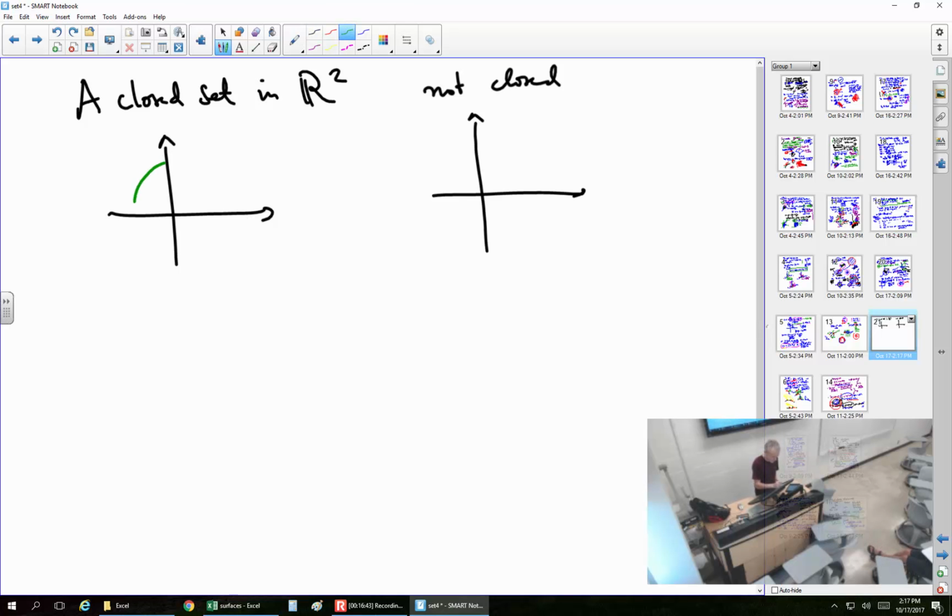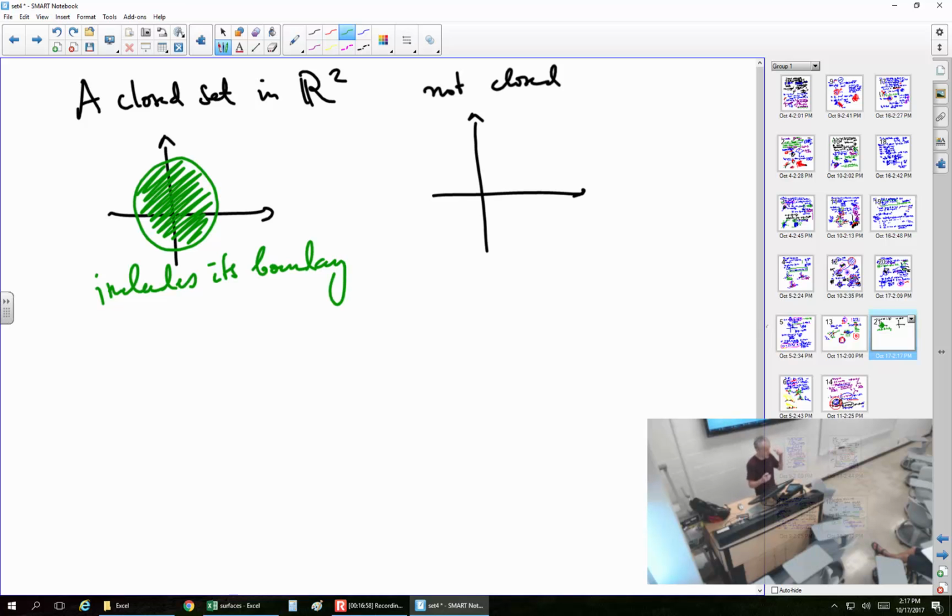Closed. The point of a closed set is that it includes its boundary, whatever the boundary means. So this set, I describe it as, it's not a circle, it's a disk. A closed disk, which means that it includes not only the circle, but also what's inside.